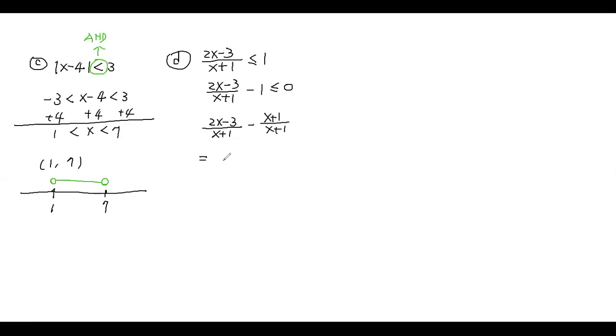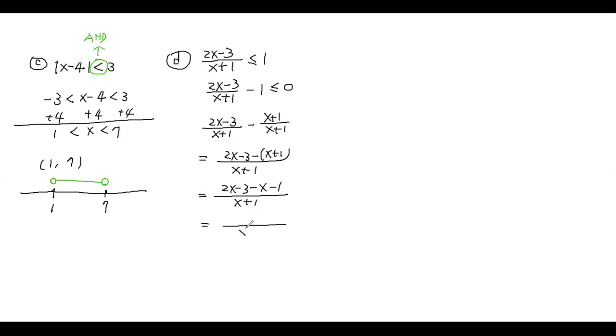Then here you combine it. So this is over x plus 1, and the numerator is 2x minus 3 minus (x plus 1), which is 2x minus 3 minus x minus 1.